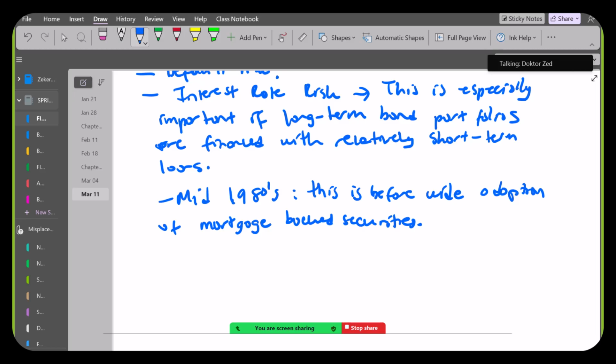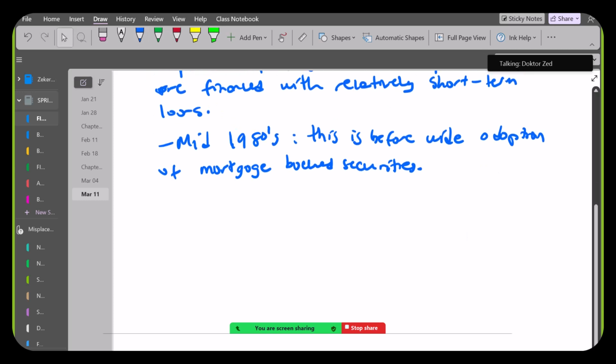But in mid 1980s, even though Freddie Mac and Ginnie Mae were in existence since mid 70s, mortgage-backed securities were not that common. One of the reasons was we had these institutions you may have heard of. They were called savings and loan institutions.